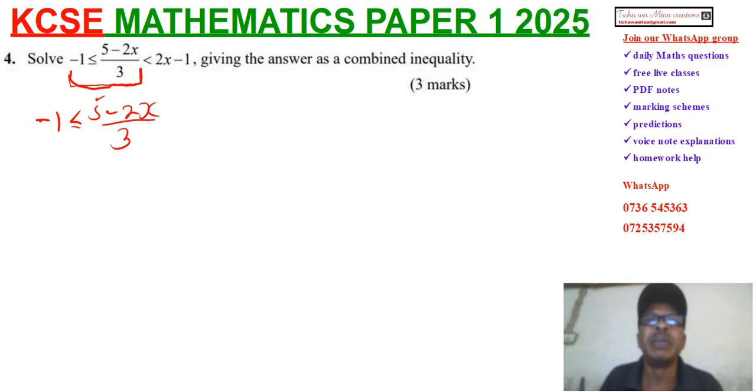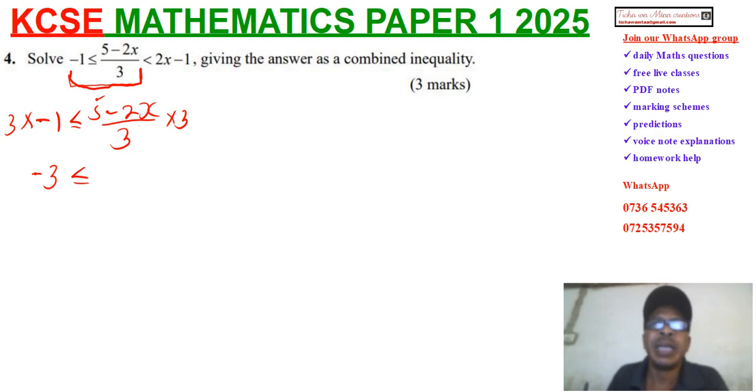We multiply both sides by 3, so that we get rid of the 3 on the right-hand side. So 3 multiplied by minus 1 will give us minus 3, less than or equals to 5 minus 2x. We have simplified.